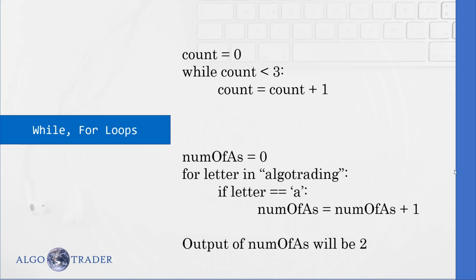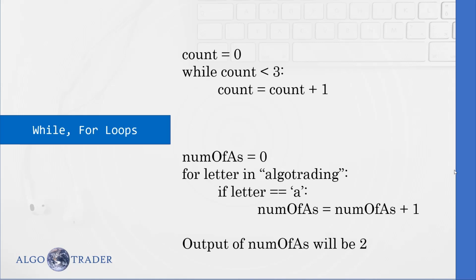Similarly, you can use a for loop. In this example, there is a string "algo trading". What we are doing here is counting how many A's the string has. We initialize a variable, number of A's, equal to 0.